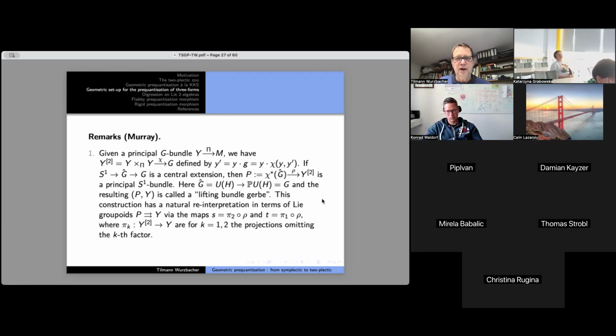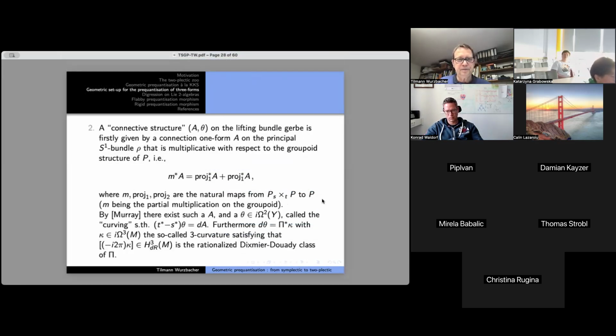Okay, this gives again a principal bundle. And what Murray considered was a connective structure on this kind of gerbe. So it's a couple, A and theta. First of all, A is simply a, well, not so simple, but it's a connection one-form because it's a principal S1 bundle.